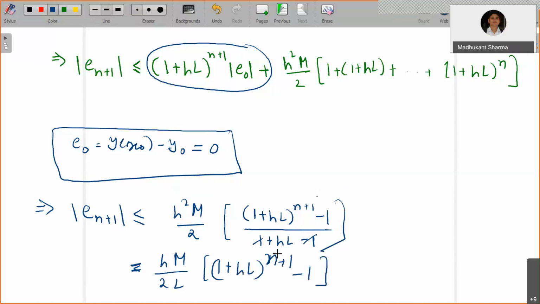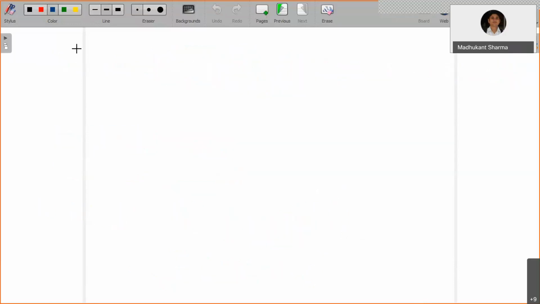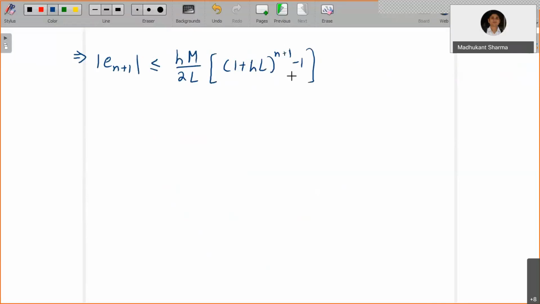Now next, this implies mod of E(n+1) is less than or equal to hM by 2L times ((1 + hL)^(n+1) - 1). Okay, this is what we obtained just now.